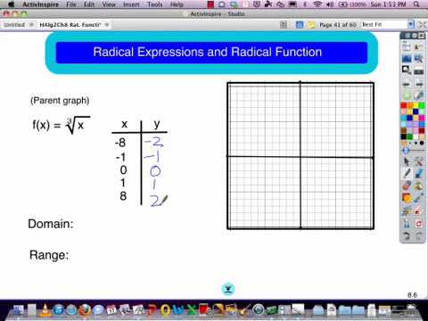So a negative 8. We went down to negative 8 and down to negative 2. We would have been here. And then we went negative 1, negative 1. We went to 0, 0. We went to 1, 1.